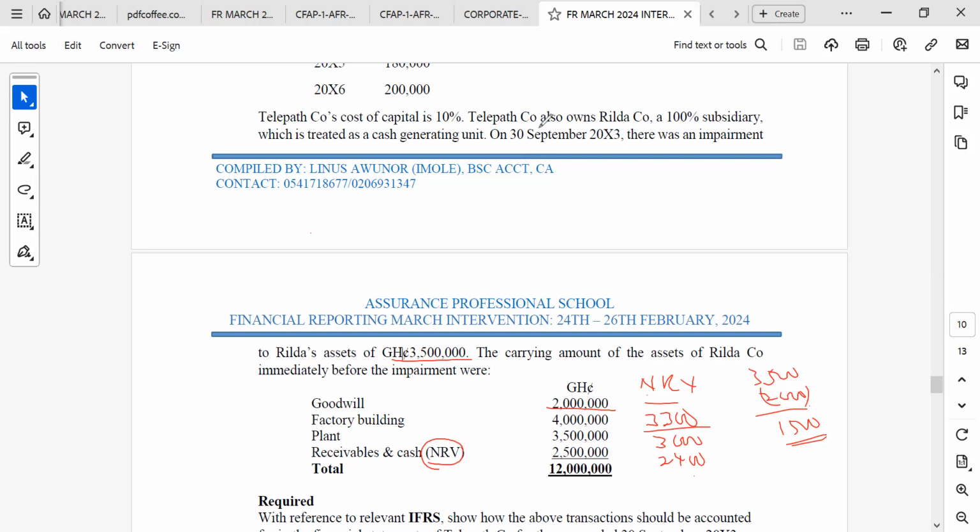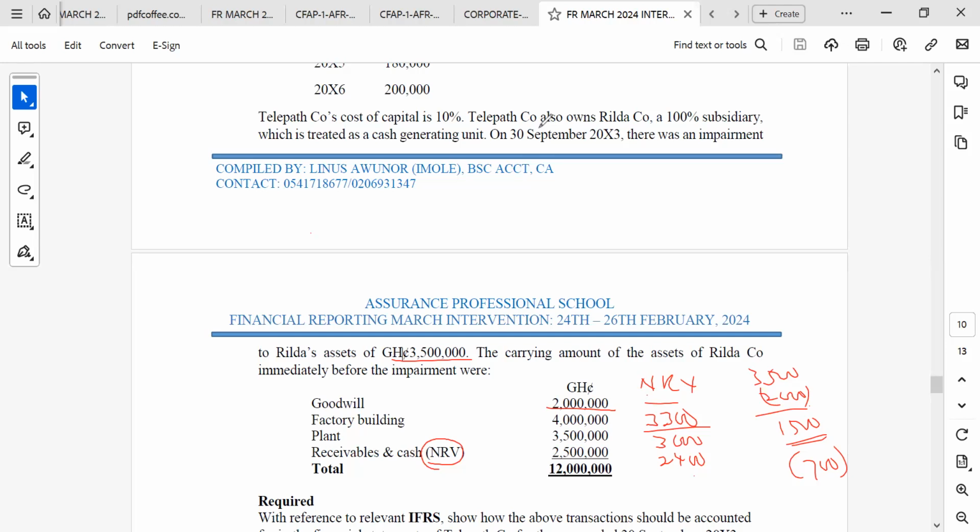So the building has reduced by how much? 700. So you can only give 700 of the impairment to the building. Sometimes they will give you their recoverable amount. You can only reduce the impairment up to the recoverable amount. You can't reduce the carrying value below the recoverable amount.